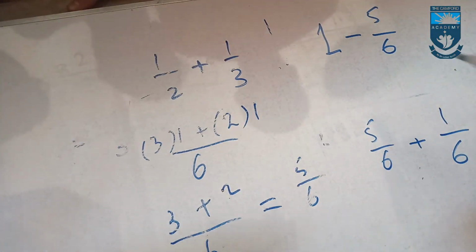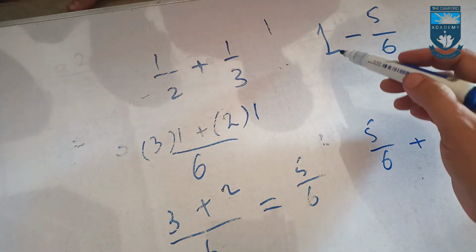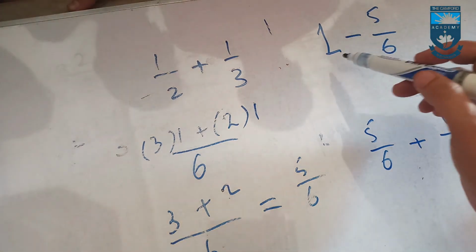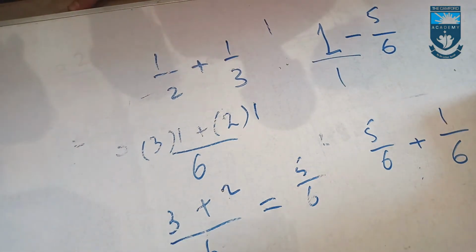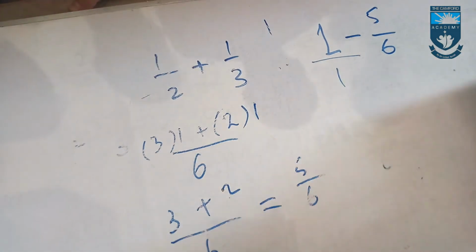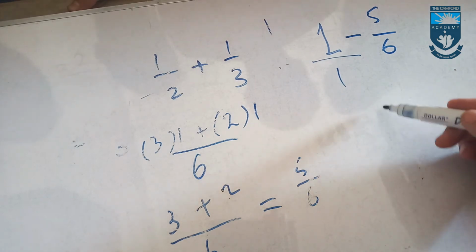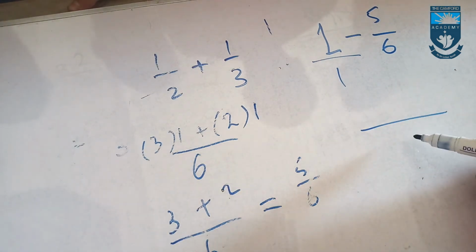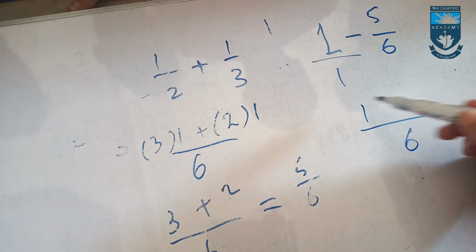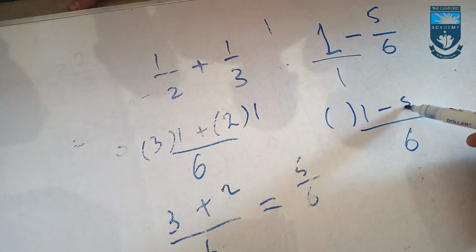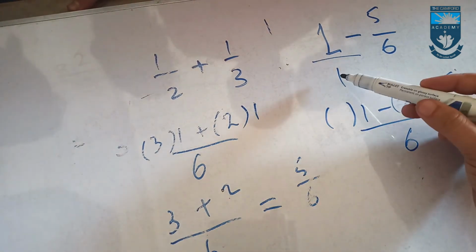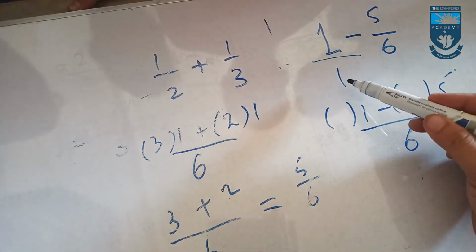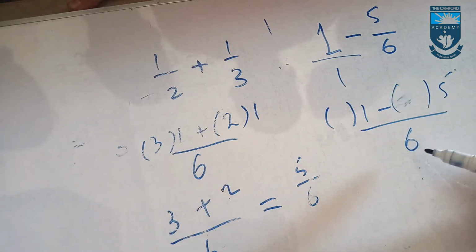So now what I have to do? I know that if I divide 1 by 1, that is equal to 1. It's not a problem. So what I do now, I will take again the LCM of these two numbers, that will be 6, 1 and 5 over 6. 1 multiplied by 6 is equal to the LCM.